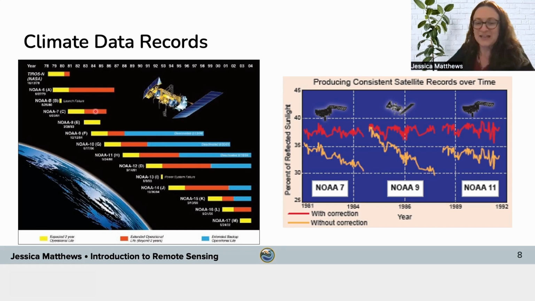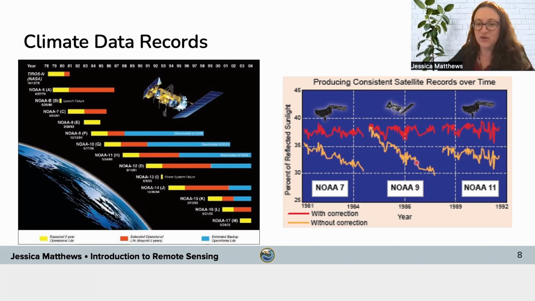On the right-hand side, this really illustrates the challenge of climate data records. Space is a very unforgiving environment. There are extreme changes in temperature and conditions that impact the sensor itself. And what happens is, over time, the sensors degrade due to those harsh conditions in the space environment.